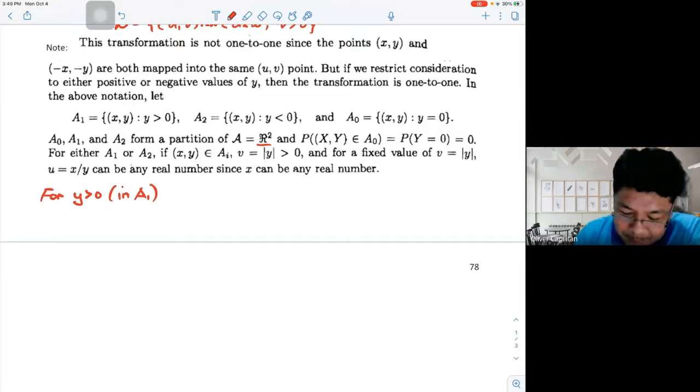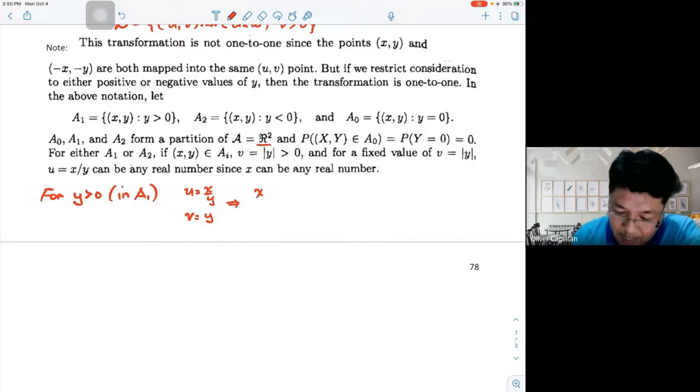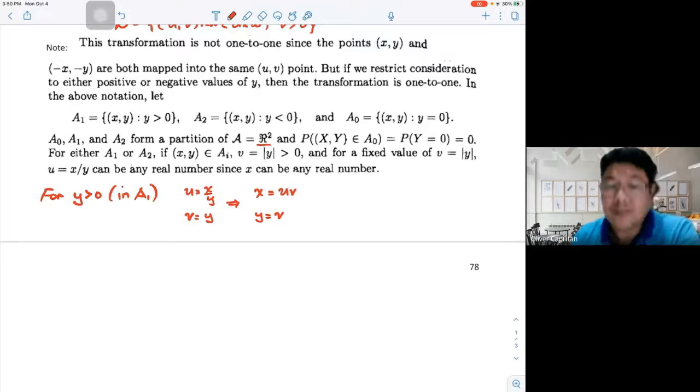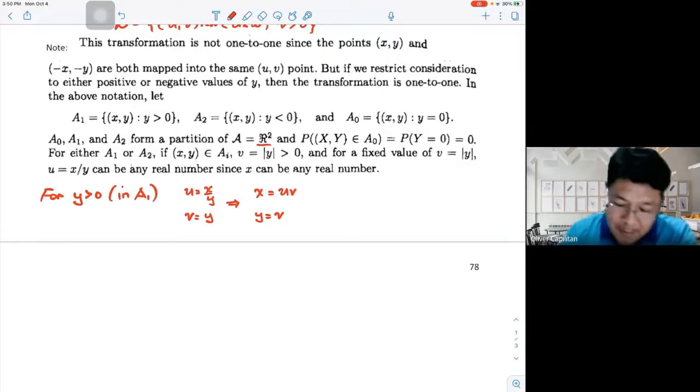We have u is equal to x over y, and then v would be equal to the absolute value of y, which is positive. The absolute value of y will be equal to y. So this would imply that y will be equal to v, so our x would be equal to u times v. So in this case, for the set A sub 1, we can write a biconditional statement.